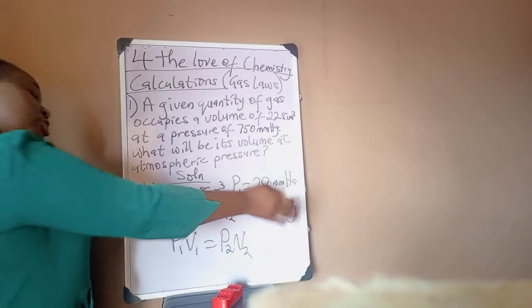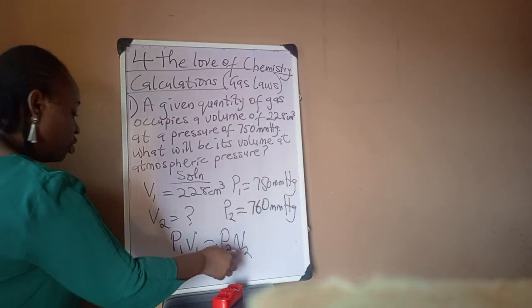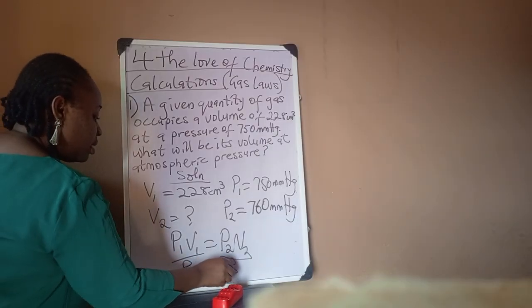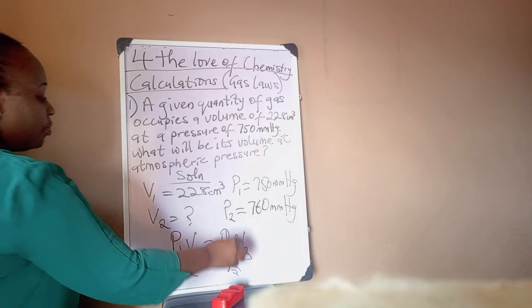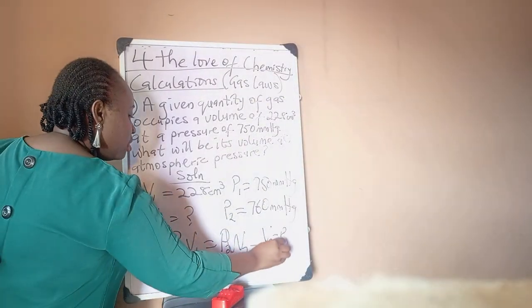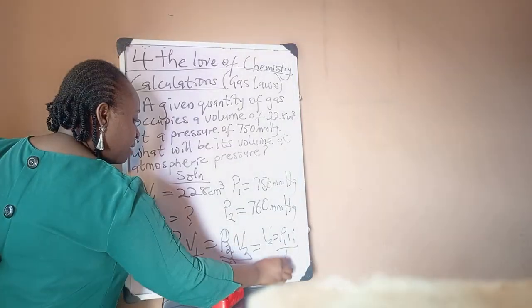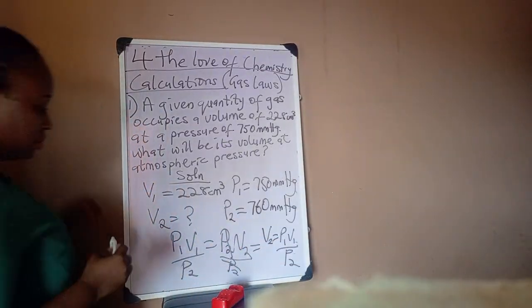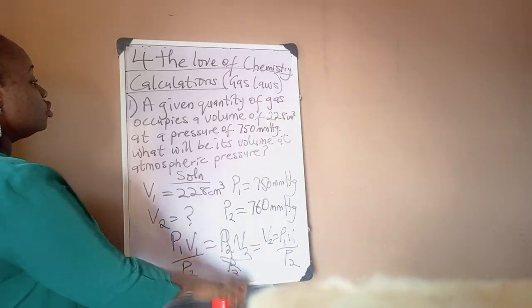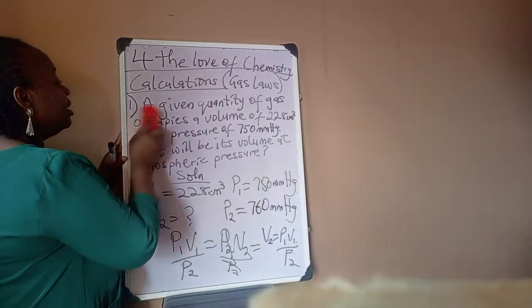Because we want only V2 to be on its own, we divide both sides by P2. So P2 cancels P2. We have that V2 is equal to P1 V1 all over P2. Is that clear? So that is making V2 the subject of the formula.